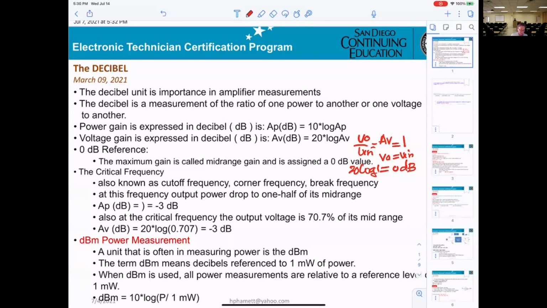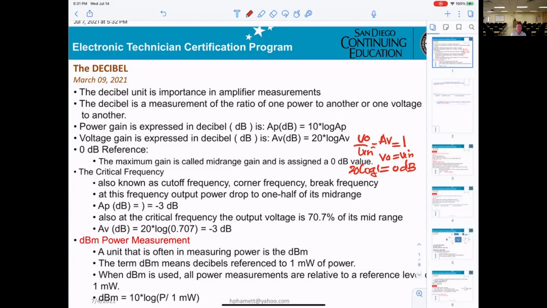And also at the critical frequency, the output voltage goes down to 70.7% of mid-range. So for 70.7%, that means 0.707, you can take 20 log of 0.707 and you get minus 3 dB.